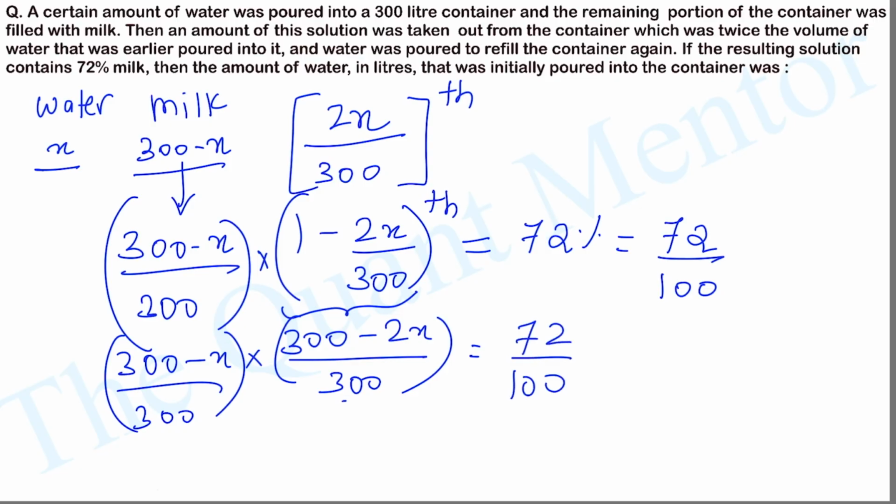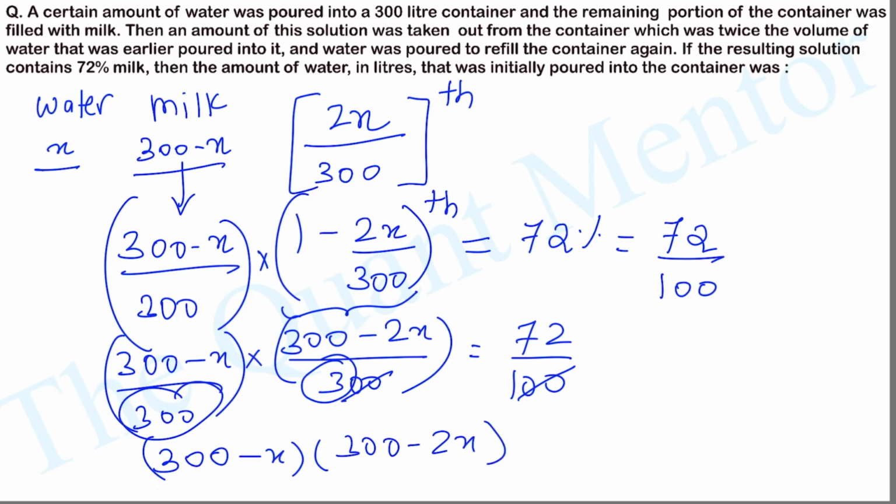Now I can cancel out two zeros from both sides, and 3 into 300 can be multiplied on the right hand side to get the equation (300 minus x) into (300 minus 2x) is equal to 72 into 3 into 300.